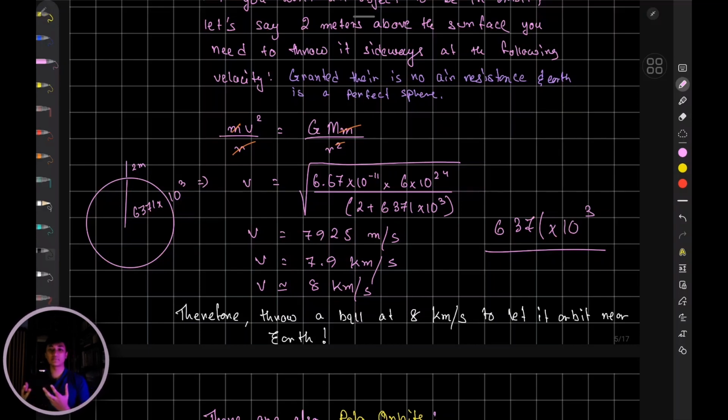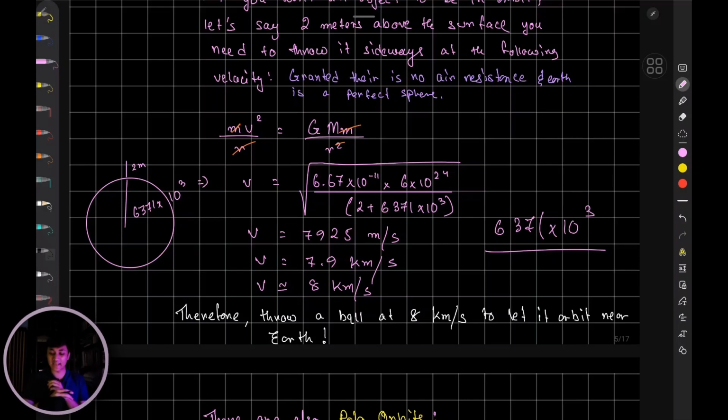So if you have that amount of strength and you can shoot the ball at that speed, that ball is going to orbit around Earth's surface. Now, granted, we did not consider orbital decay, that is due to the air resistance. So we are not considering air resistance or any other factor. It is a vacuum and there is no air resistance.